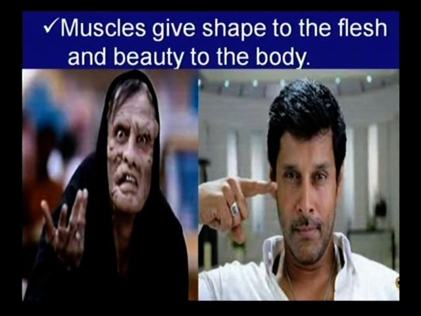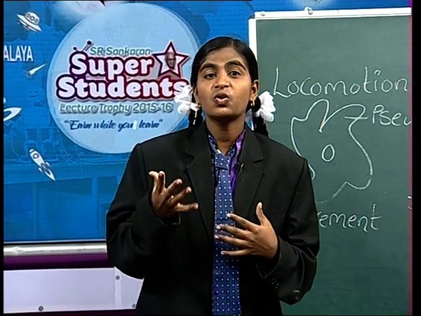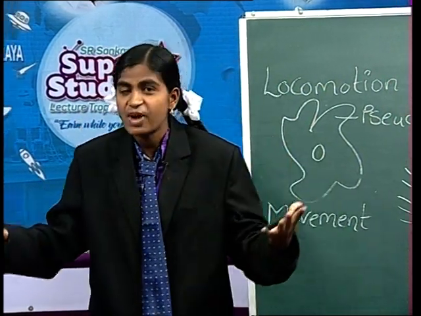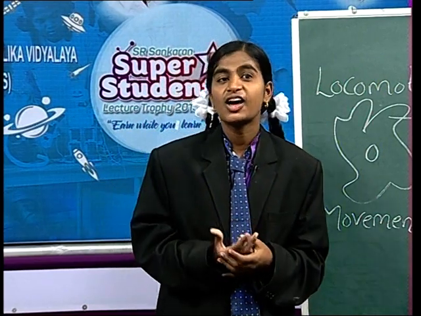In that movie, we will observe that the person is affected with a disease of muscle. So the person looks very ugly. When compared to another photo, the person is with more muscles, so he looks very handsome, right? So friends, I advise you that the person who has more muscles looks more beautiful.